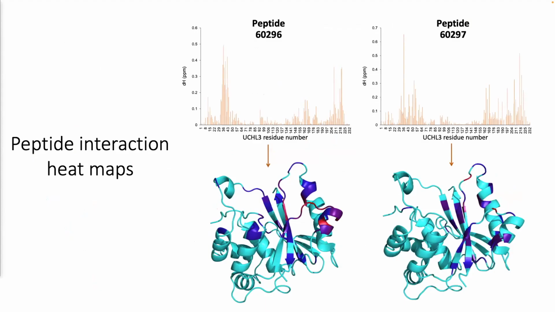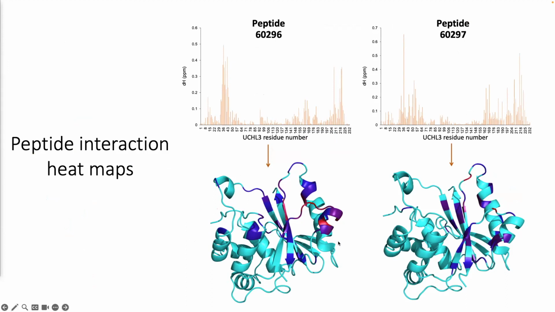We next looked at identifying the binding sites. So these are peptide interaction heat maps, colored according to the size of the chemical shift changes from blue to red for peptides 60296 and 60297. The largest chemical shift change is mapped to the ubiquitin substrate binding site on UCHL3.